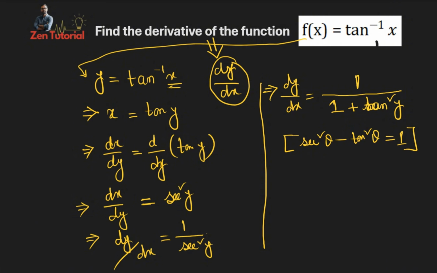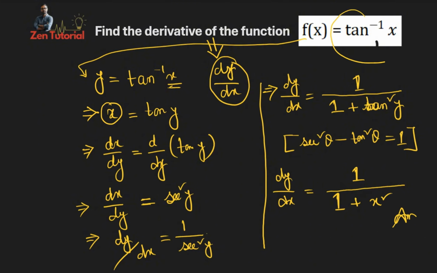And of course here we need to write down 1 here. dy over dx is equal to 1, and the value of tan y is equal to x, so 1 plus x square.